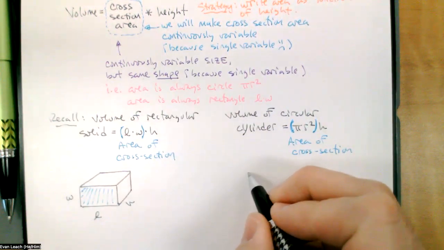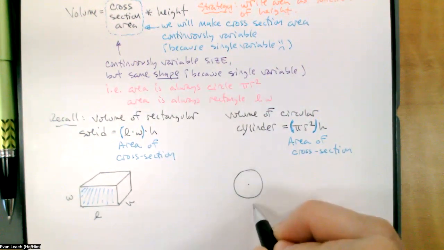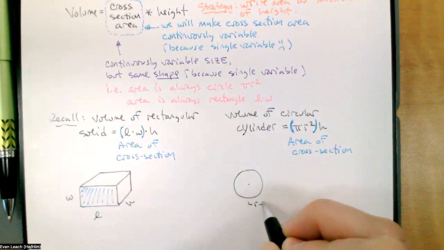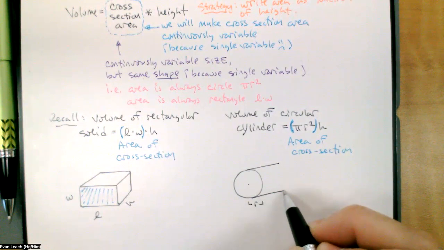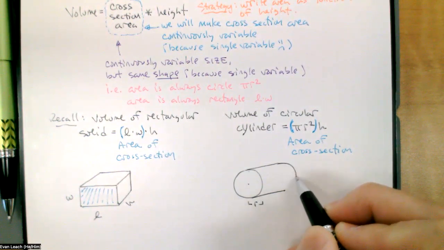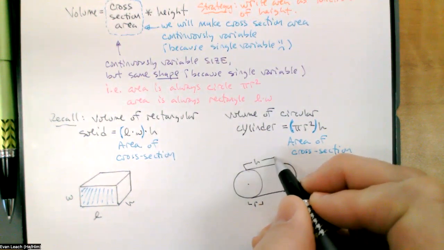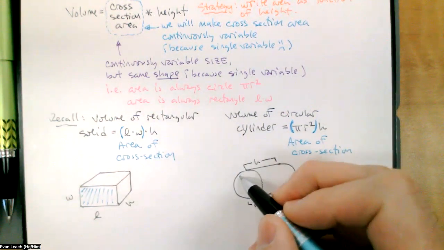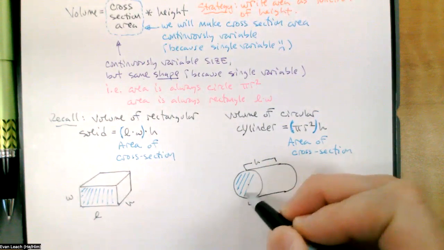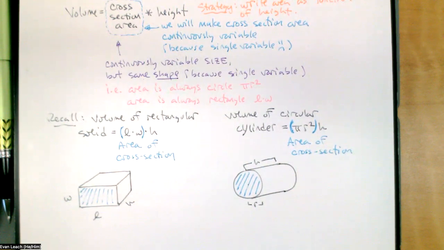In the case of a cylinder, we just take the area of this cross section, pi r squared, and multiply by the height. This is just how we do things.